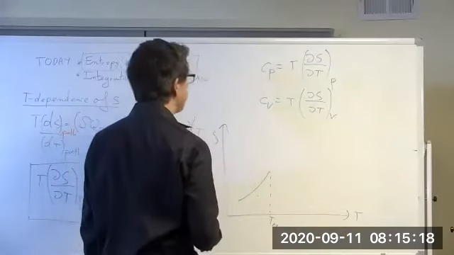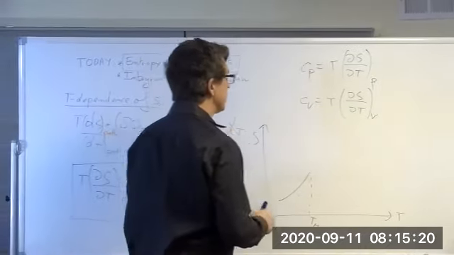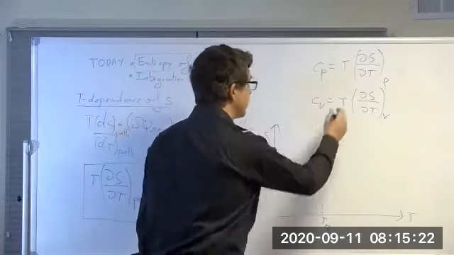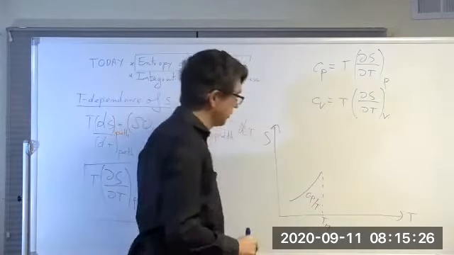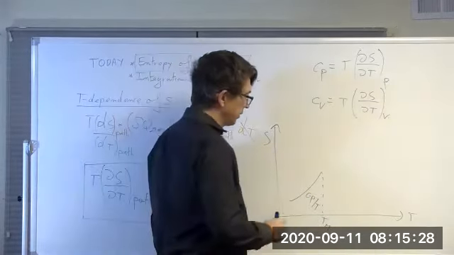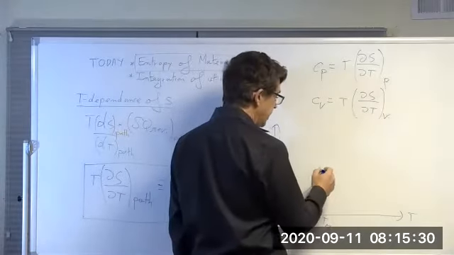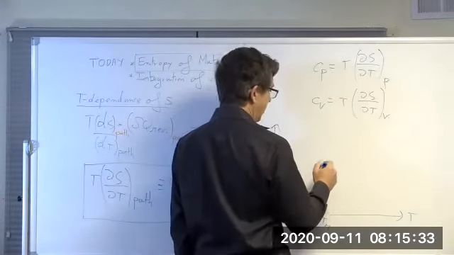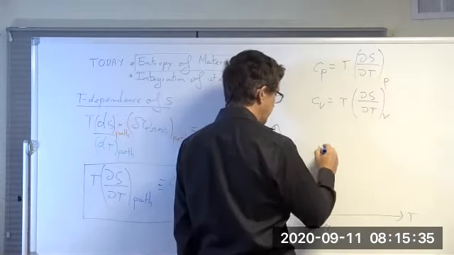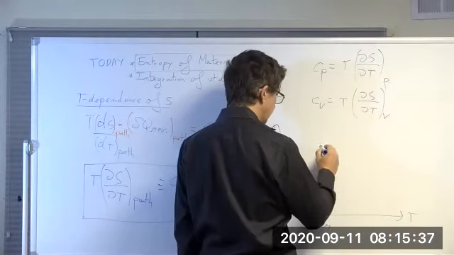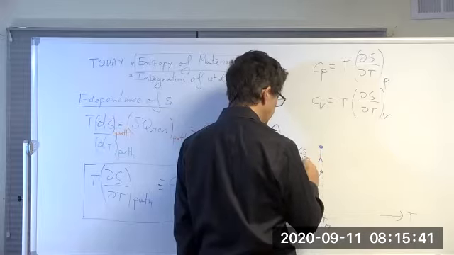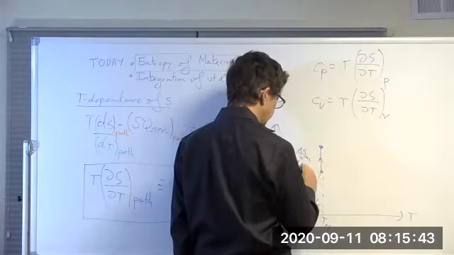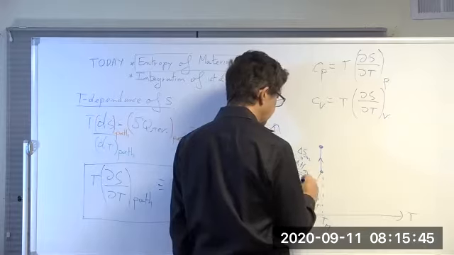The slope here would be Cp over T of the solid. Then you would put in the heat of melting, and so you would have a change in entropy, delta S of melting, which would be equal to delta H of melting divided by T of melting.